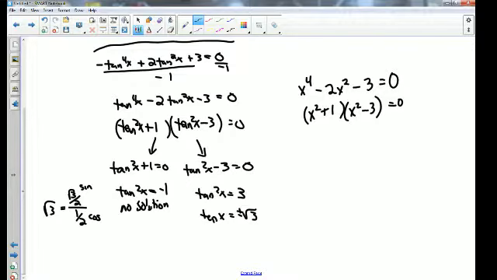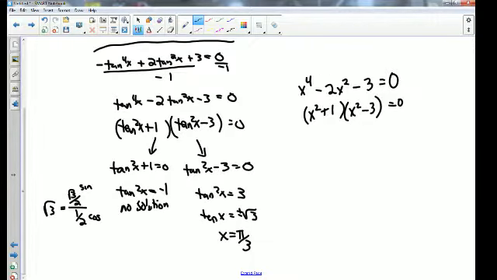So pi over 3. Okay. Where else? There's one more. All four of them work with plus or minus? Yeah, all 4 of them should work.